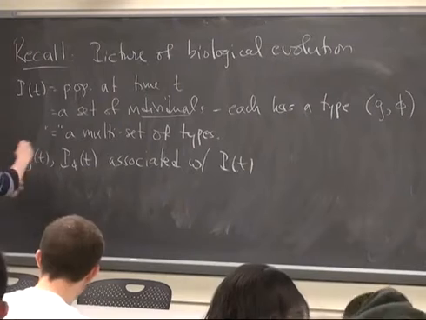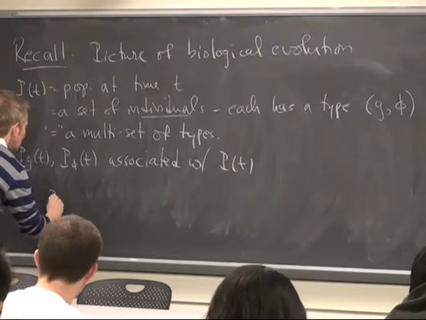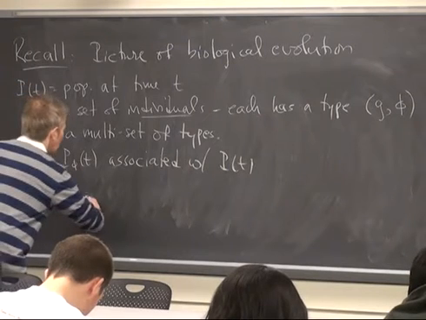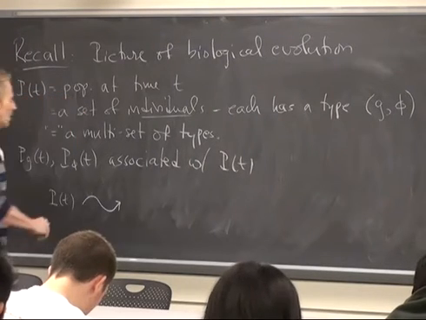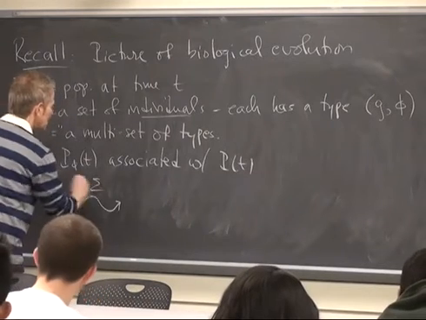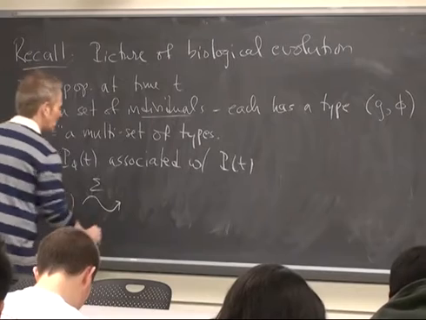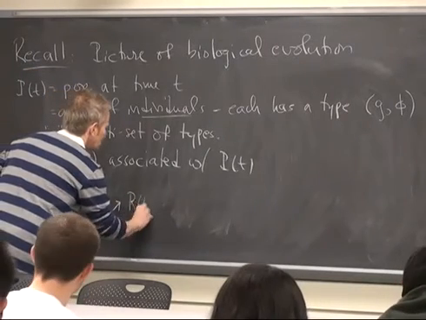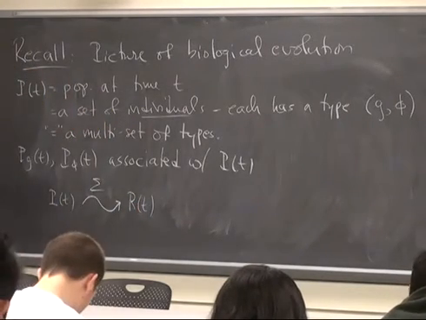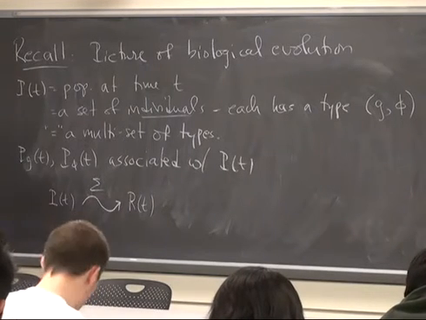And then you have this big picture here, where if you have a population at time t, then mediated by complicated random effects, you have this operation sigma that selects, that's what sigma stands for, a set of individuals R of t. Those are the individuals in P of t who are selected to reproduce.